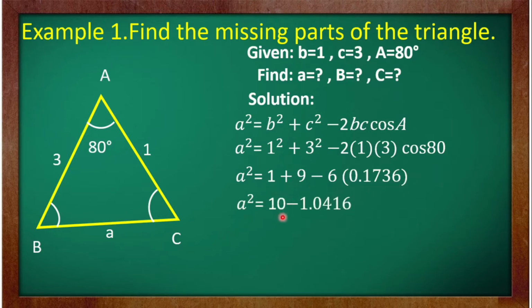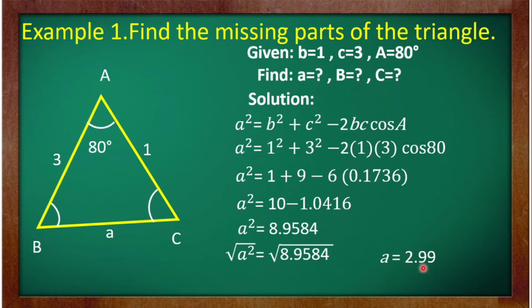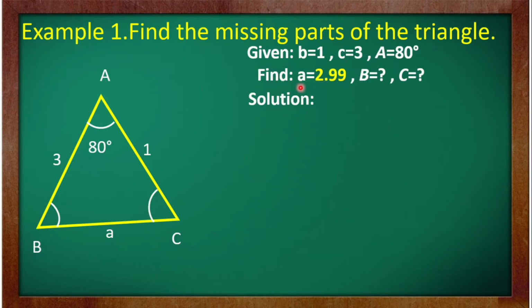Then 1 plus 9 is 10, and 6 times 0.1736 is 1.0416. Kaya 10 minus 1.0416. Then a squared is equal to 8.9584. Para makuha yung a, square root of both sides, so that is a is equal to 2.99. So yung value ng a natin is 2.99. Nakuha na natin yung side A.